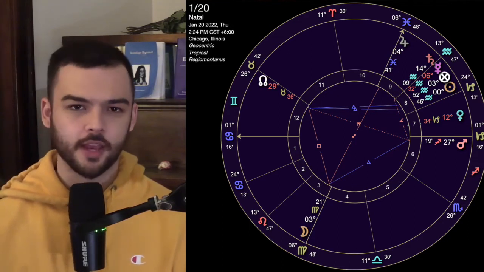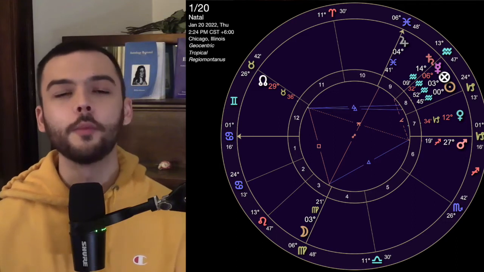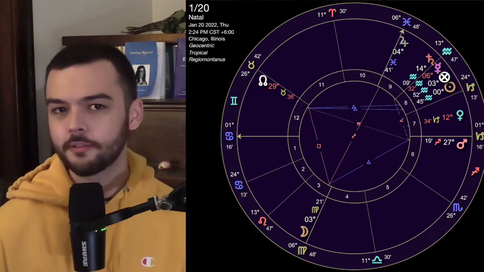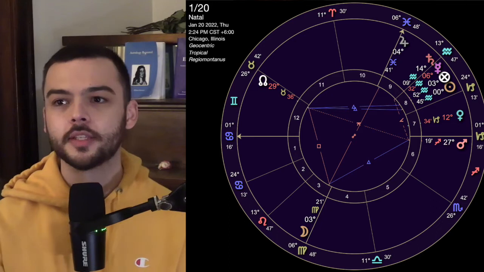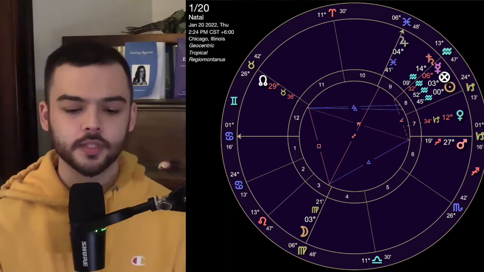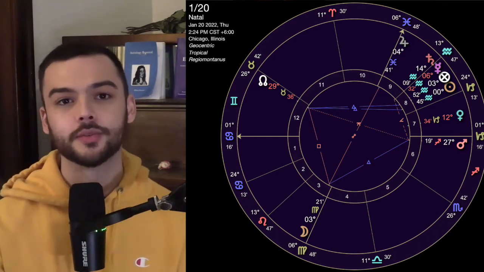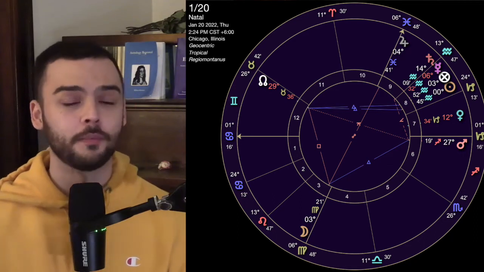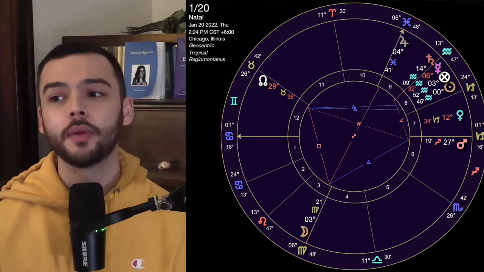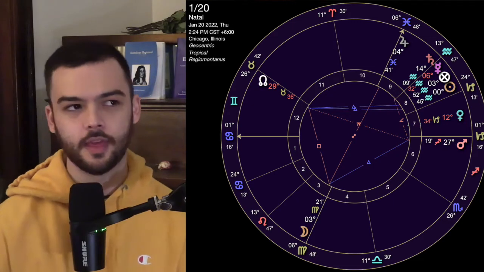It's a fixed sign here in the 8th house where nobody is really budging. There's a lot of people, a lot of parties competing for these shared resources, but Saturn is really in charge here. And Saturn is probably keeping these people together longer than they want to be.